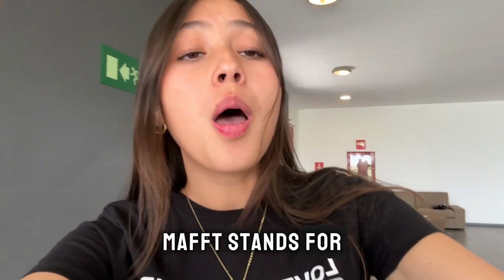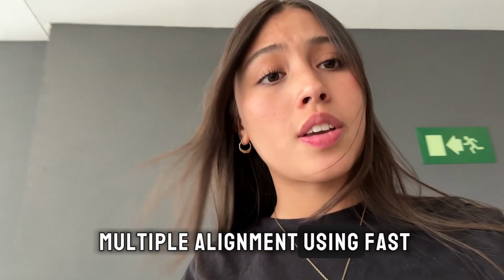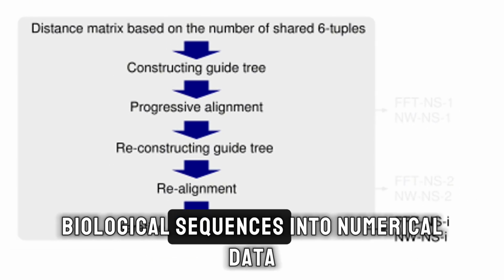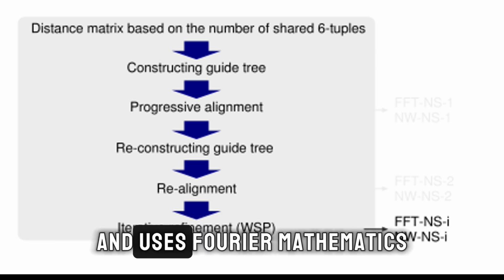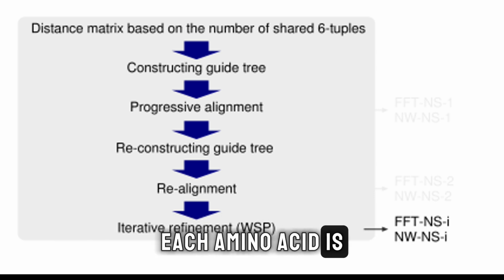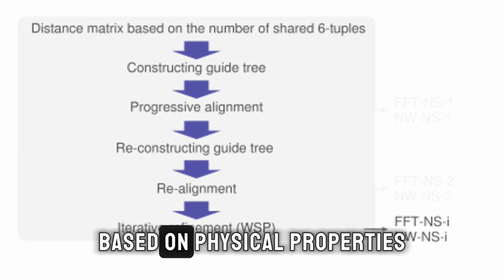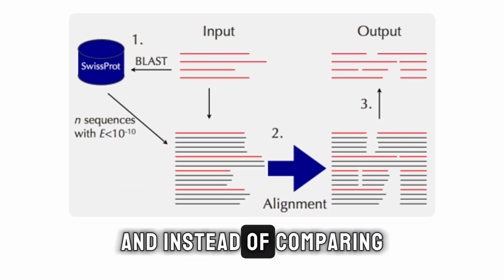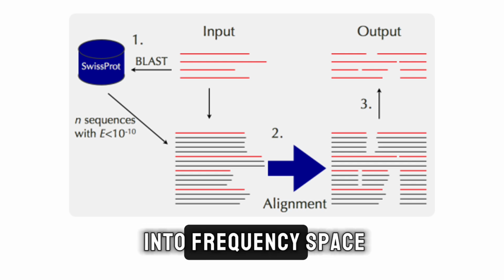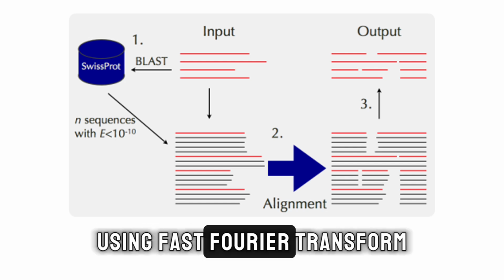MAFFT stands for Multiple Alignment using Fast Fourier Transform. Its innovation lies in how it translates biological sequences into numerical data and uses Fourier mathematics to accelerate the process. Each amino acid is assigned numerical values based on physical properties, and instead of comparing characters directly, MAFFT transforms the sequences into frequency space using Fast Fourier Transform.